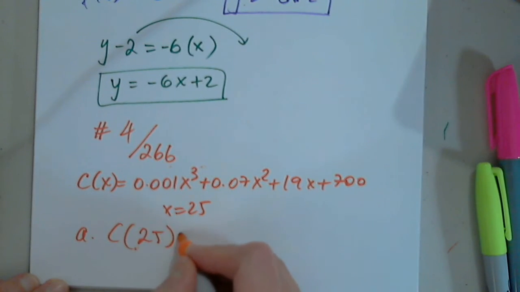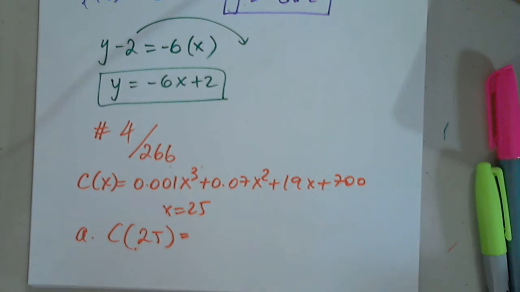C of 25. I will put it in the graphing calculator because they may ask me something else later. So y equals, clear everything, and put in 0.001x to the third plus 0.07x squared plus 19x plus 700.